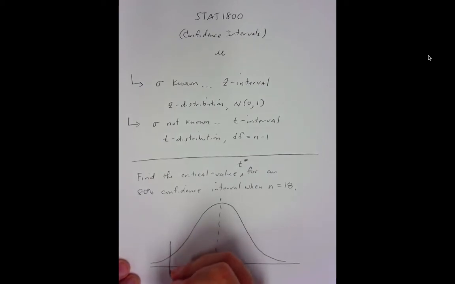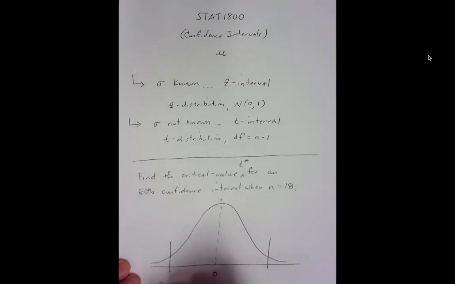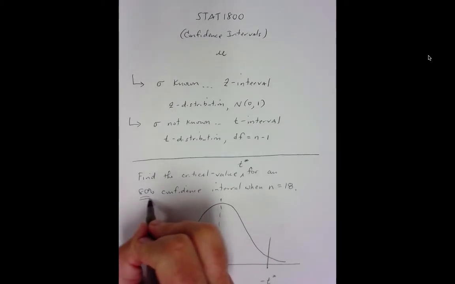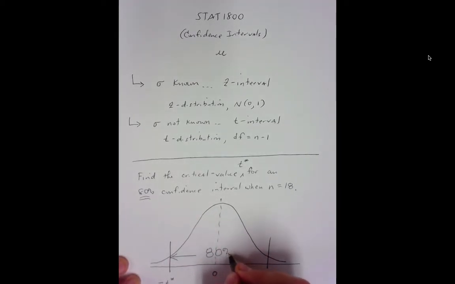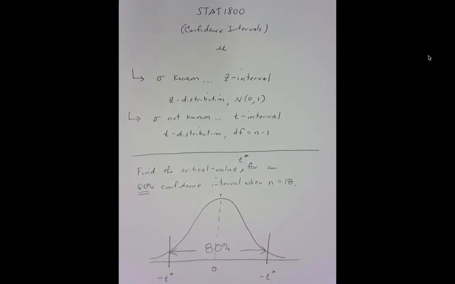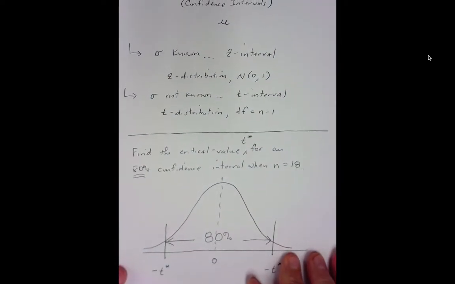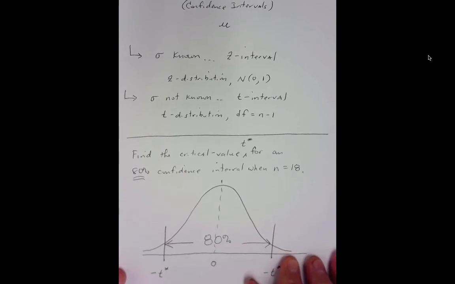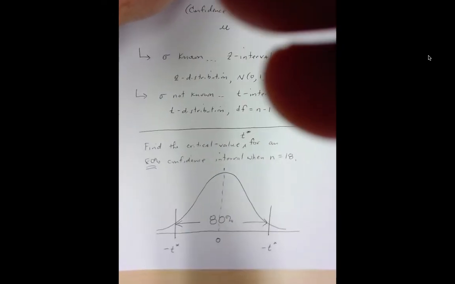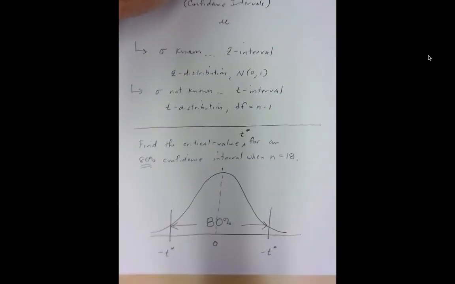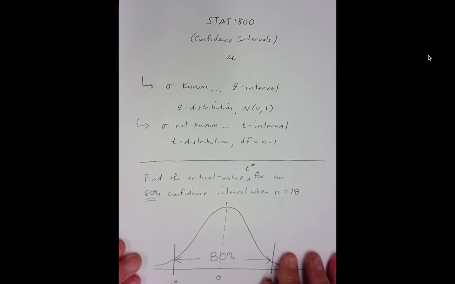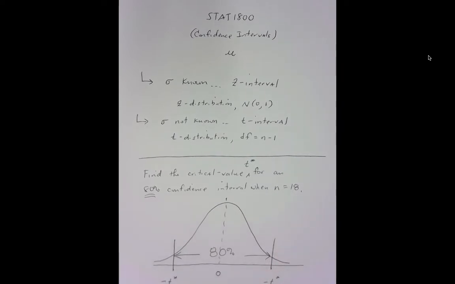Nevertheless, at the end of the day, we want a negative t critical and a positive t critical, because it's an 80% confidence interval that contains the area between the two values.